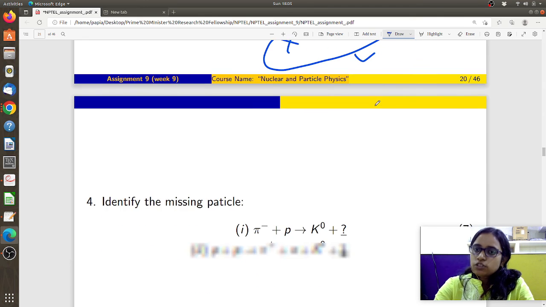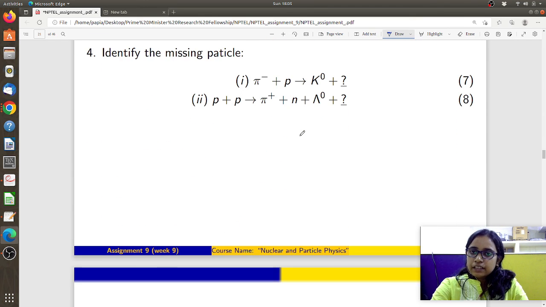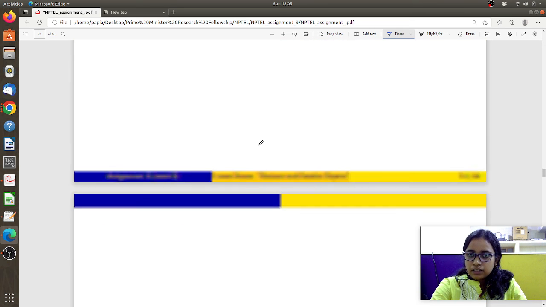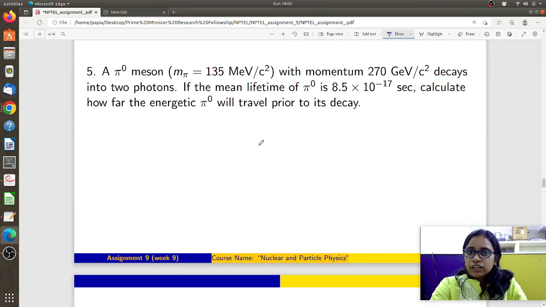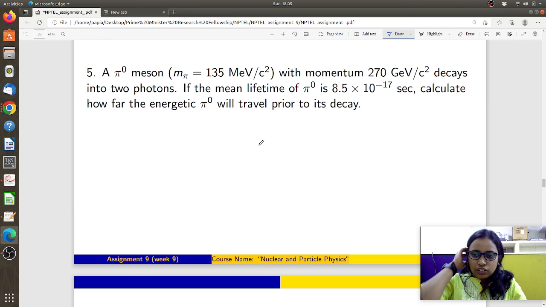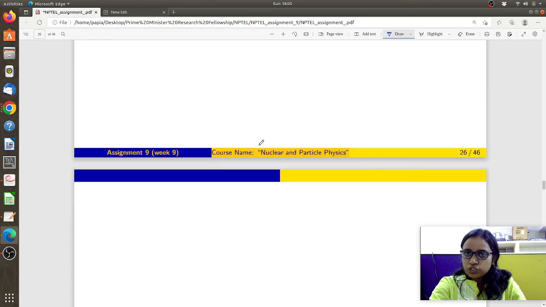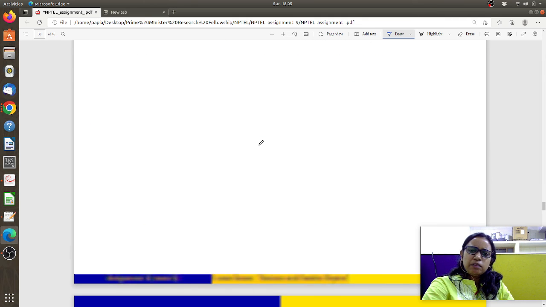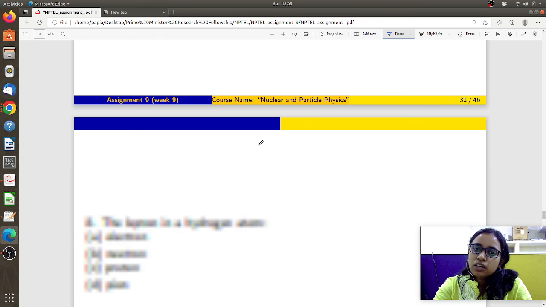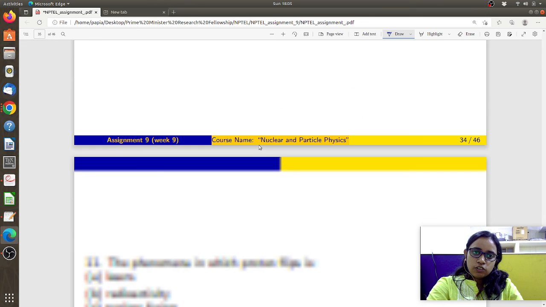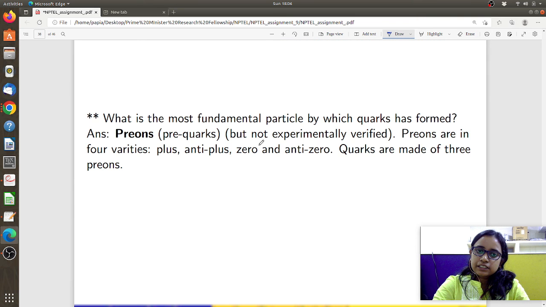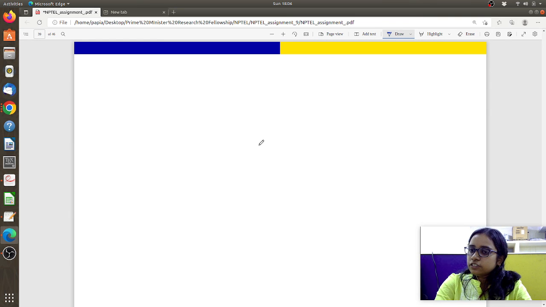In the next class we will also talk more about the missing particle, what that was. Then one relativistic question was there, so we will talk about that too. Then a simple MCQ type question, and one theory based question, and one very interesting question I will talk about in the next class.